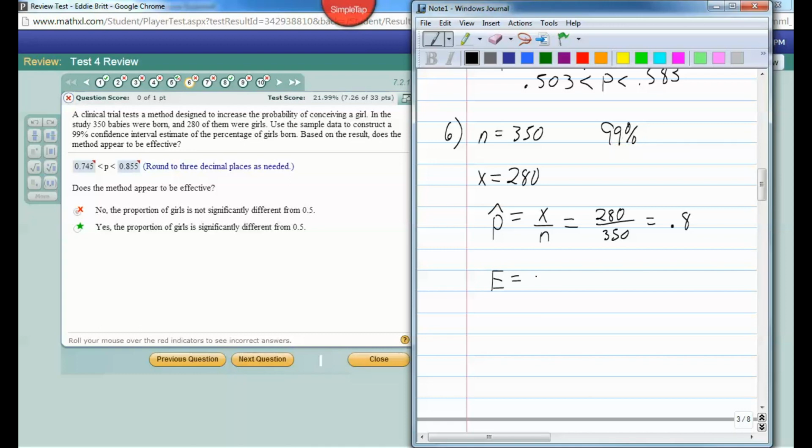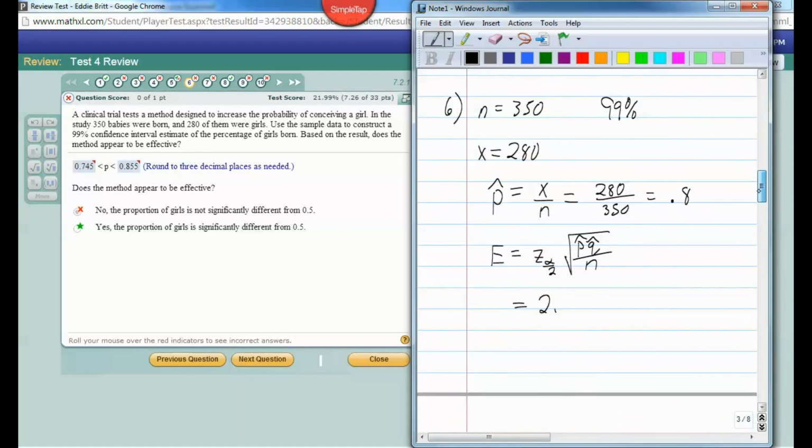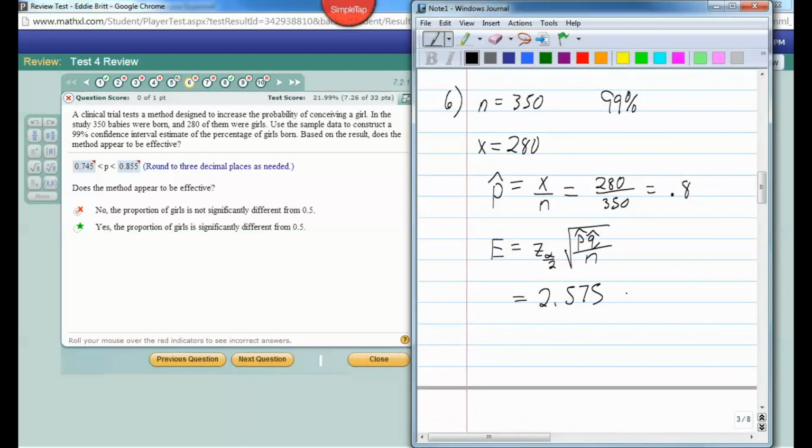Alright, now 99% confidence level. So when we find our margin of error, our z sub alpha over 2 is going to be the one we use for 99%, which is the same one we used on the last problem, 2.575. Alright, that times the square root of p hat, which is 0.8, times q hat, 1 minus 0.8, or 0.2, over n, the total number.